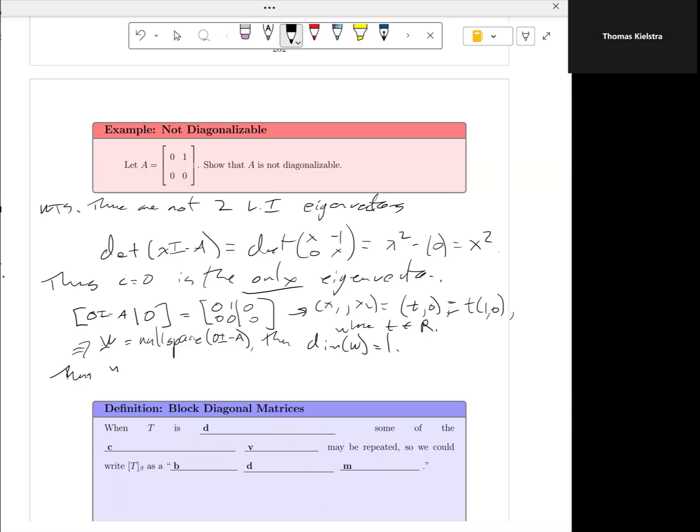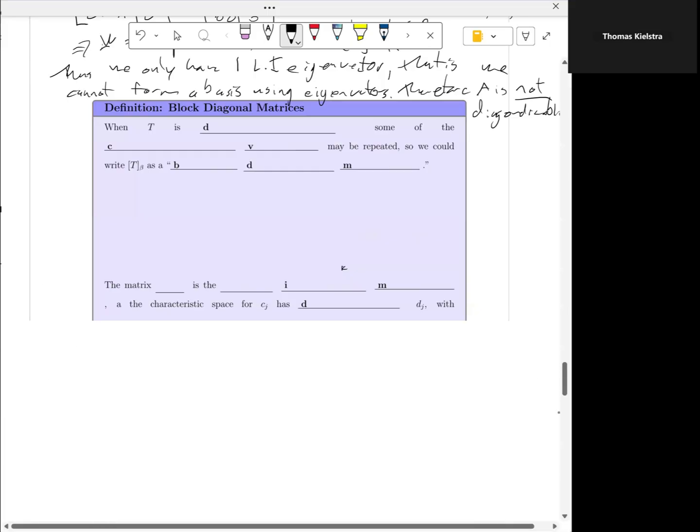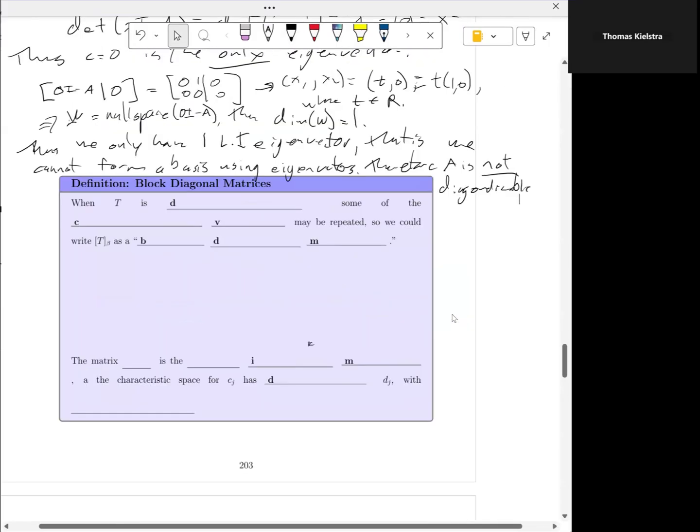Thus, we only have one linearly independent eigenvector. That is, we cannot form a basis using eigenvectors. Therefore, A is not diagonalizable. So we have an example where it's not diagonalizable.